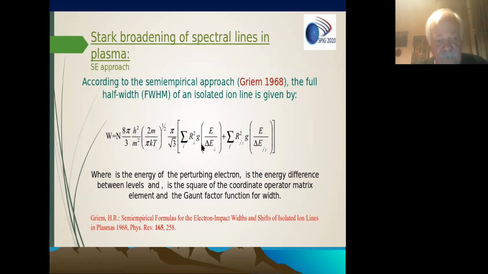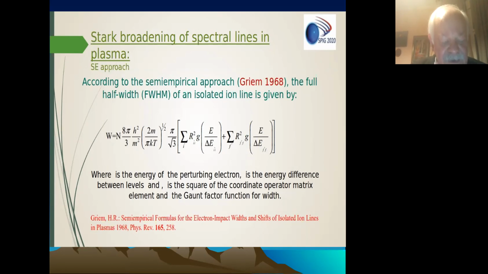But when I started in the middle 70s, Belgrade was practically one of the first centers, even I can say the first one, where Stark broadening of multiply charged ions was experimentally investigated. And I obtained the task to develop some theory to calculate this in order to check the experiments.